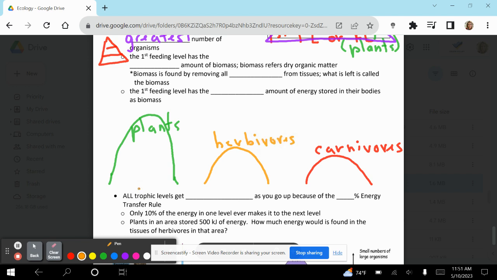If we dried out those piles, the biggest pile would still be the plants. Now, when we take living tissue and we pull the water out, we can do this with fruit. You know how we can dehydrate fruit and you can eat it? What you're eating is called the biomass.